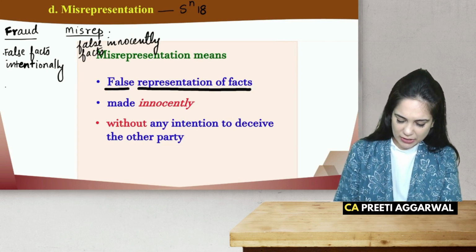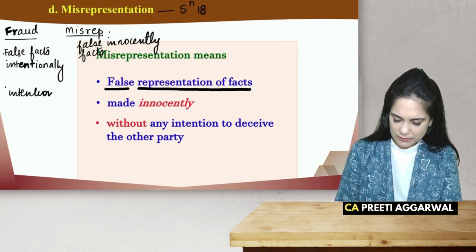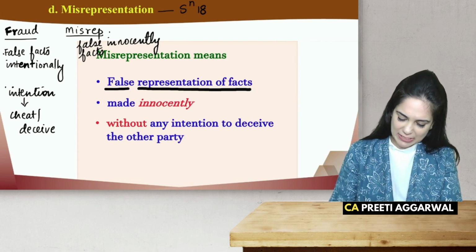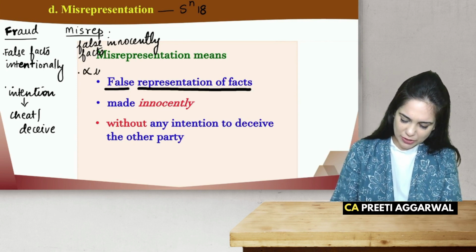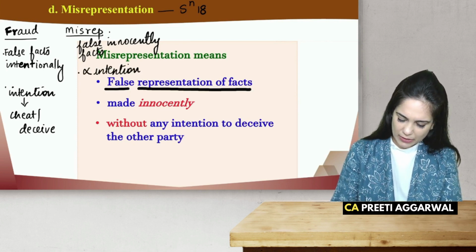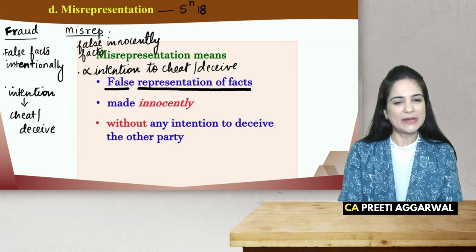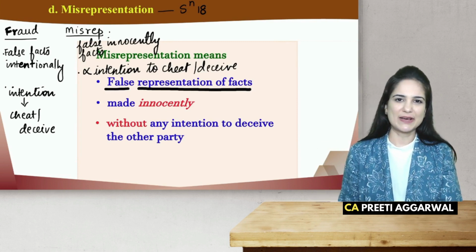In fraud, my intention is cheating. Intention is to cheat or deceive. Whereas in misrepresentation, there is no intention to cheat or deceive. Please pause the video, write this, and then I will discuss the example.